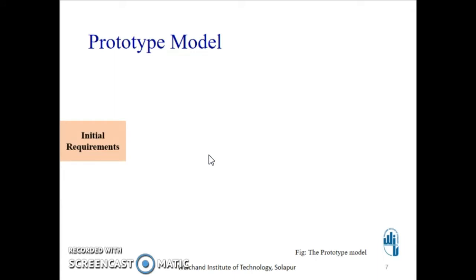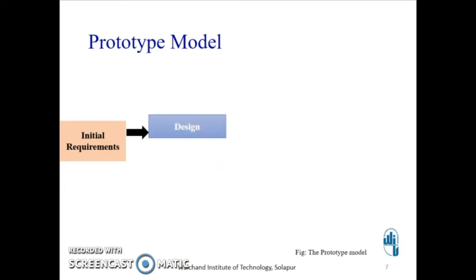Next, we will see the prototype model. There are several steps in the prototype model. The new system requirements are defined in as much detail as possible. This usually involves interviewing a number of users representing all the departments or aspects of the existing system.